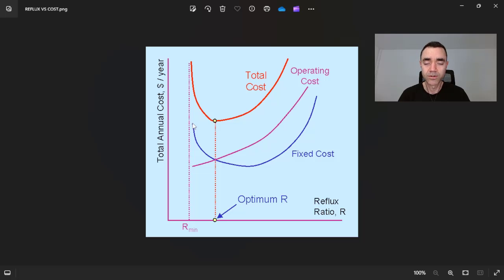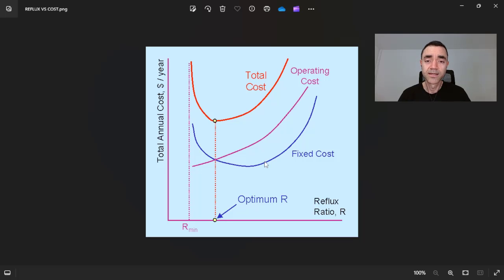So with a smaller column I have less CAPEX, so I am decreasing the amount of money required to buy and install the equipment. Because of that my fixed cost decreases.